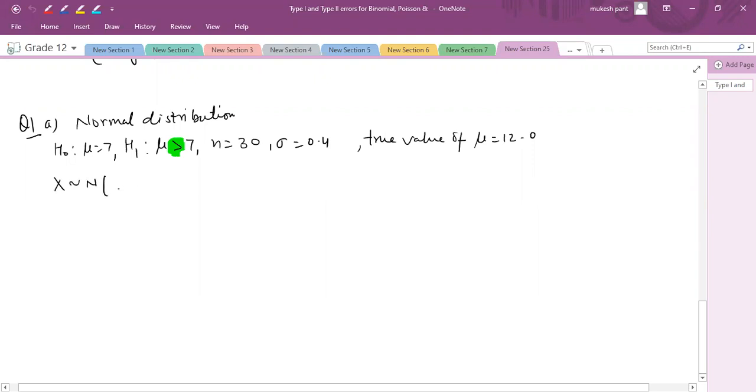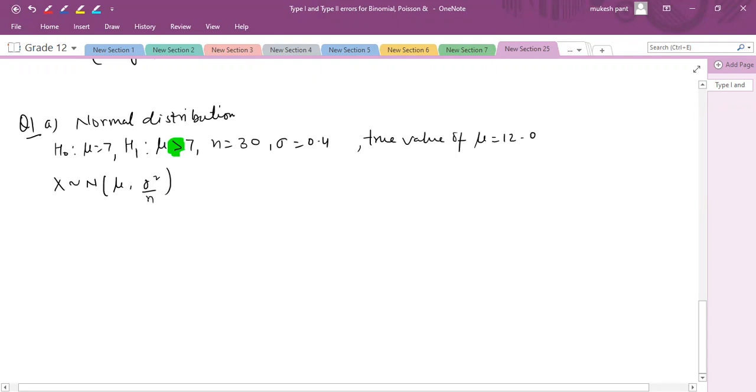So we have to make a normal distribution. If you remember, this is the mean and this is the variance, but here we have n equals 30, so the variance will be this over n.